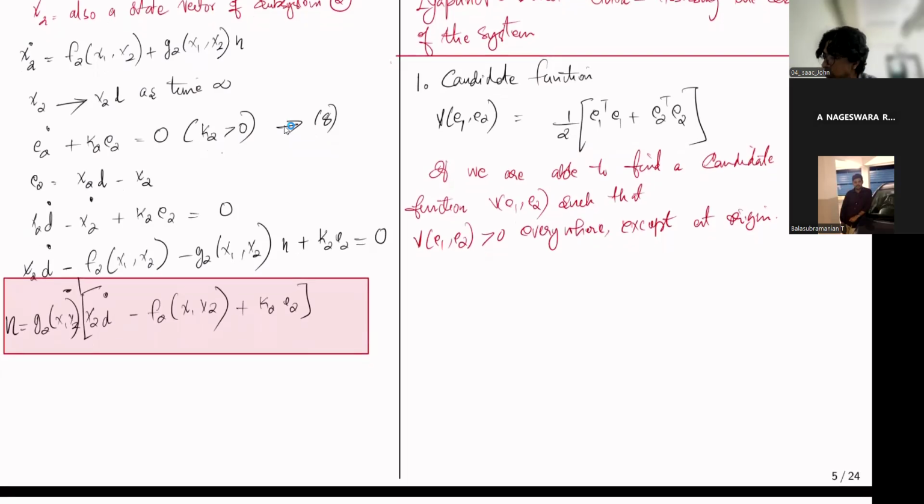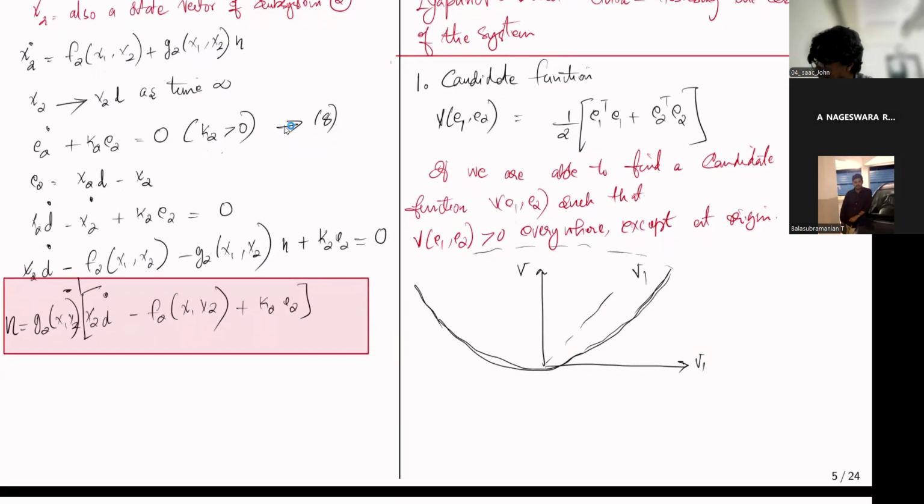So how would this function look? If you try to plot this function in 3 dimensions, on the vertical axis you can have the candidate function V, and on the other 2 axes, maybe I plot this axis to be e1 and this axis to be e2, it would look something like this. In 3D, it would look like a bowl shaped function.